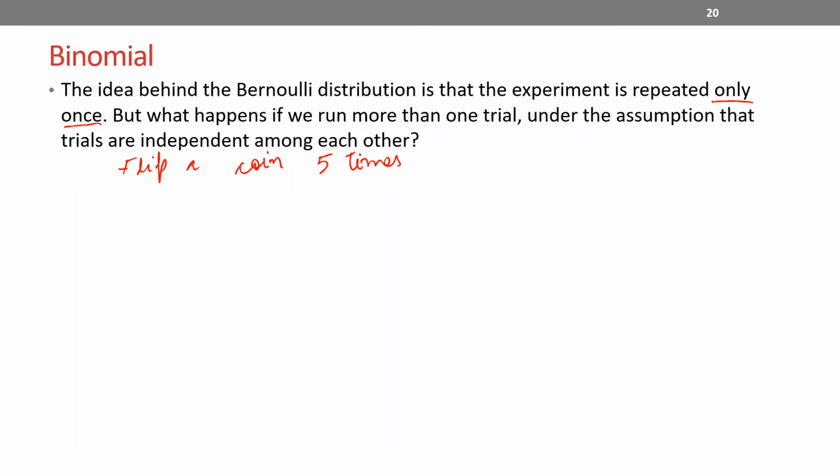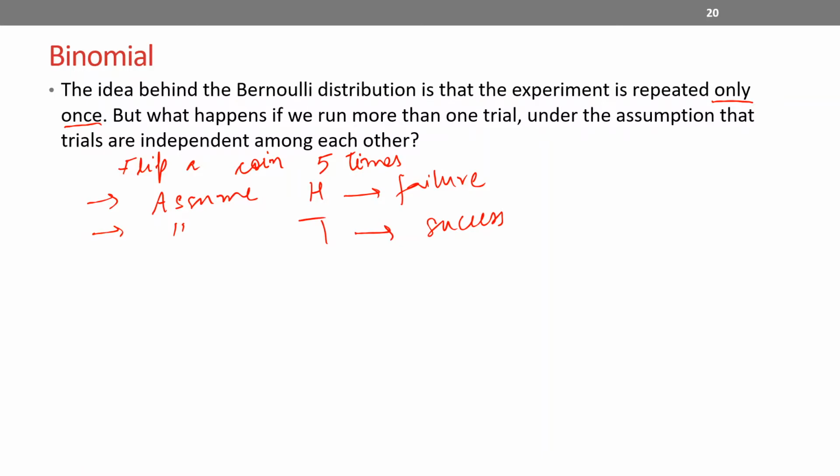Now what happens? Also, I have some assumptions. I'm assuming that if the coin shows up heads, this is a failure. So I'm actually representing heads as a failure and tails as a success, right? Because there are just two outcomes, I can always represent it in terms of failure and success.